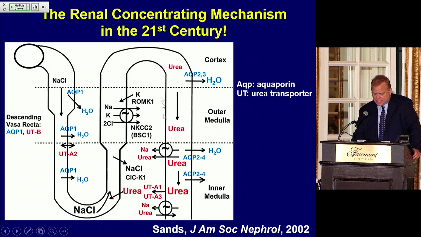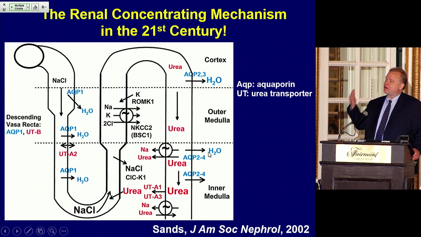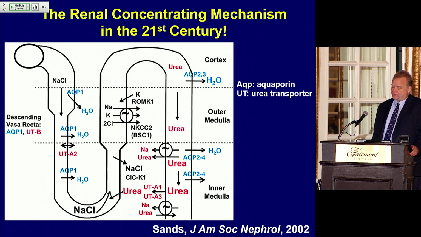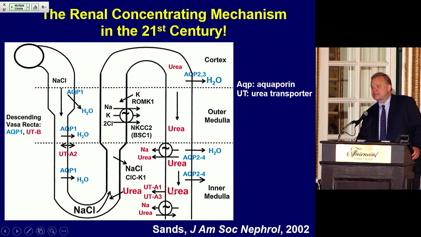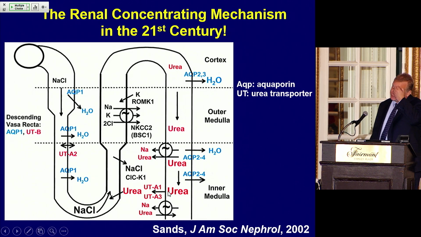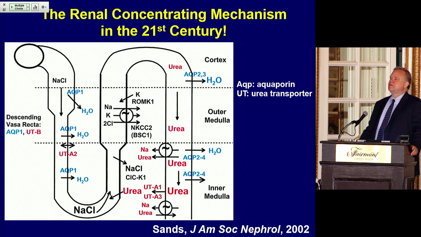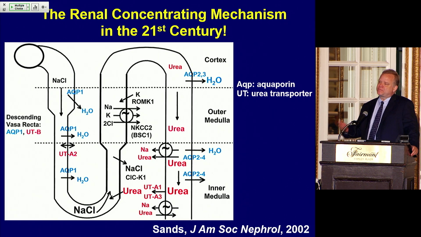Finally, when you get to the collecting duct, you have aquaporin 2 and 3 and 4 that play a role in water absorption across the apical and basolateral membrane of the principal cells. And there are vasopressin-activated urea transporters that play a big role in what's called the Berliner phenomenon, where you reabsorb urea as part of the countercurrent mechanism, but also to avoid having urea being an osmotic diuretic that reduces your ability to concentrate the urine.